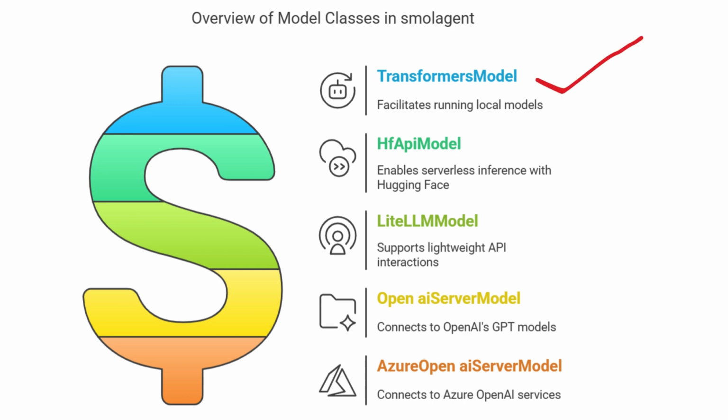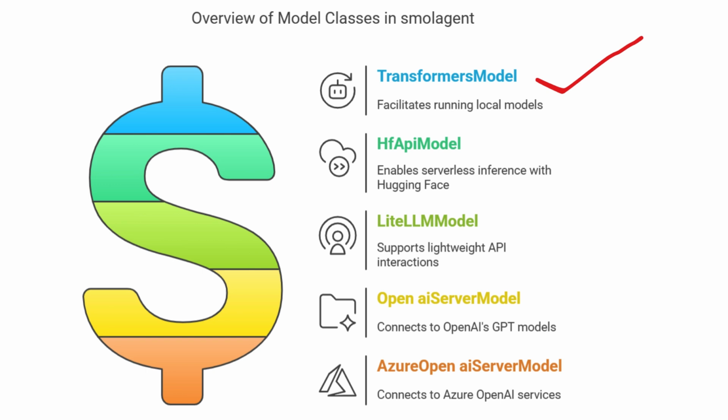1. Transformers Model for local integration. The Transformers Model class is a tool that allows you to run large language models, or LLMs, directly on your own machine using the Hugging Face Transformers library. Unlike cloud-based AI models that require an internet connection and an API key, this approach lets you work completely offline.